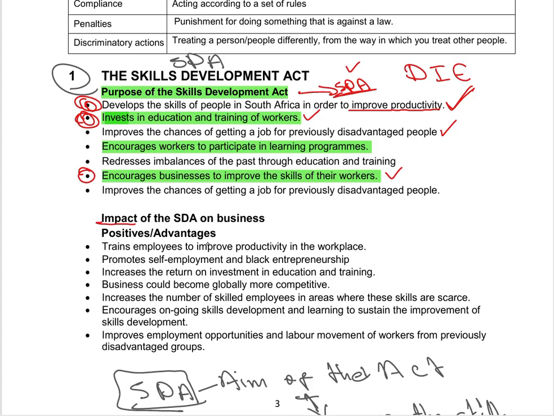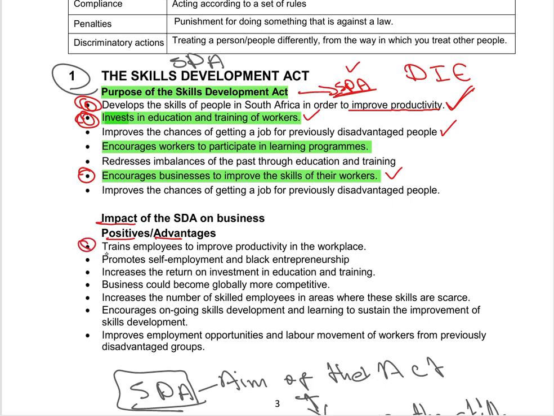You can get your marks by only taking the positive, but I am advising you to be smarter. The opposite of this are the disadvantages. So don't get confused when they say advantage, just know these are positive.